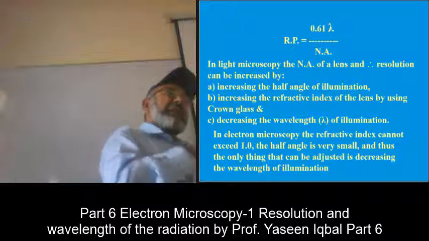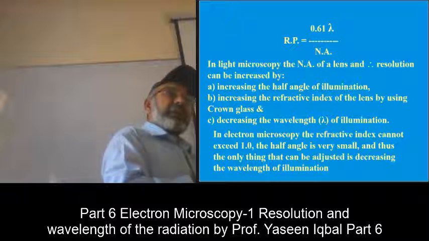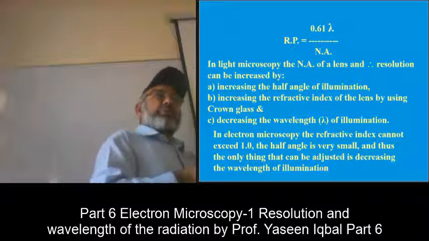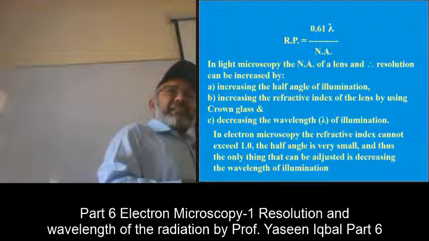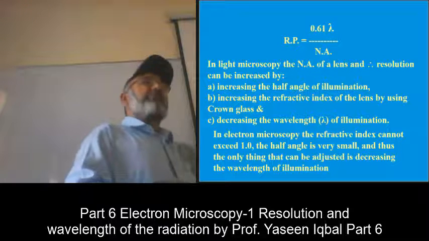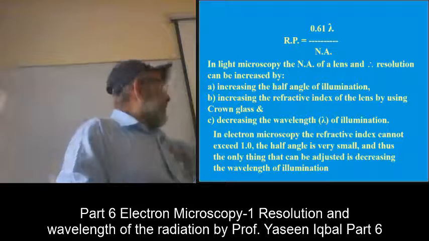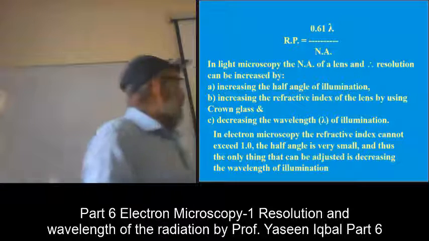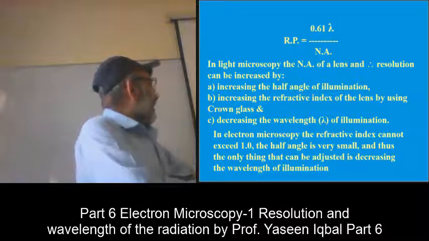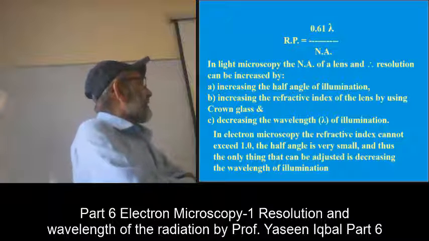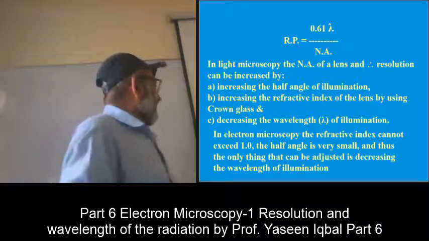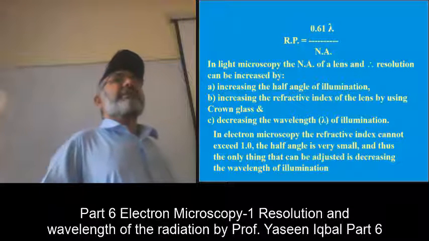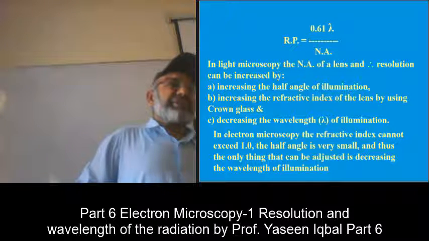Because you are playing with electrons in vacuum. It is complete vacuum. So in vacuum, you have no power over the index of refraction. It must be 1 and it is 1. The half angle is very small and thus the only thing that can be adjusted is decreasing the wavelength of the illuminating radiation.